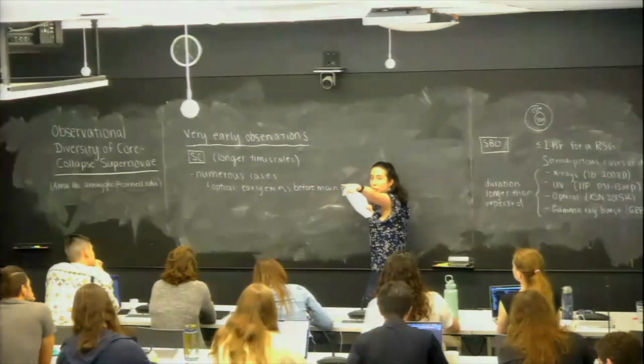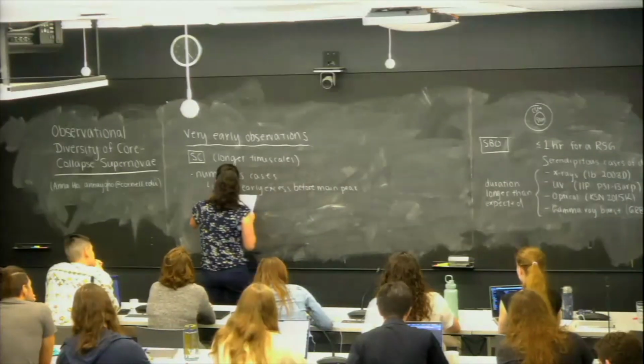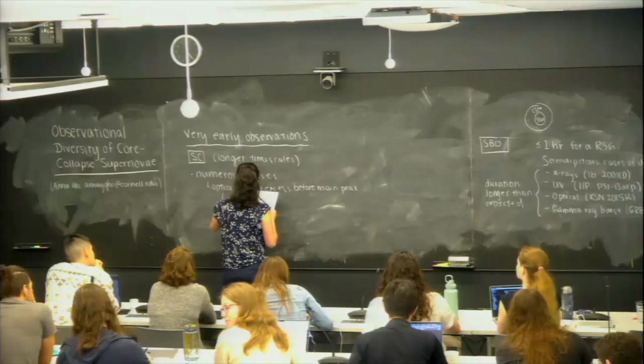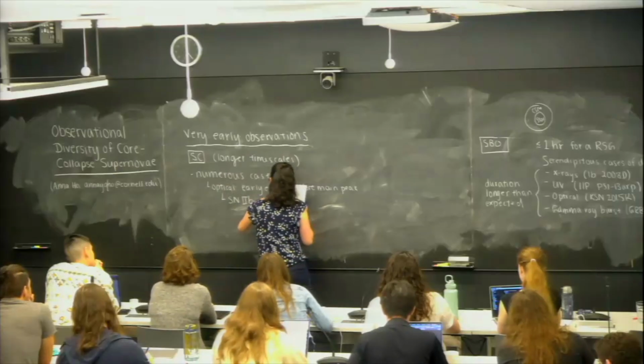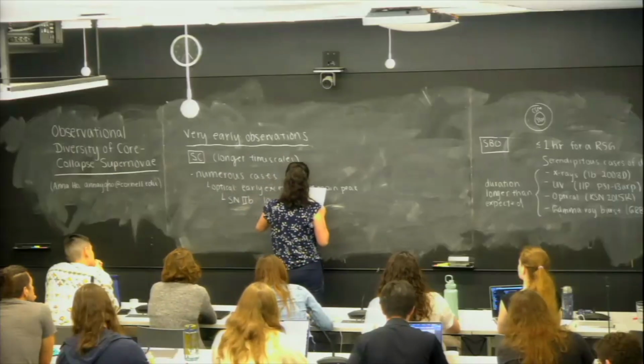So basically the second and third of those you see fairly regularly. It's very common in particular in type 2b supernovae. And the picture here is that you have some low mass.